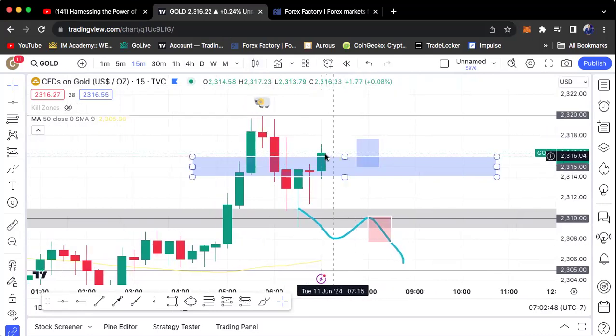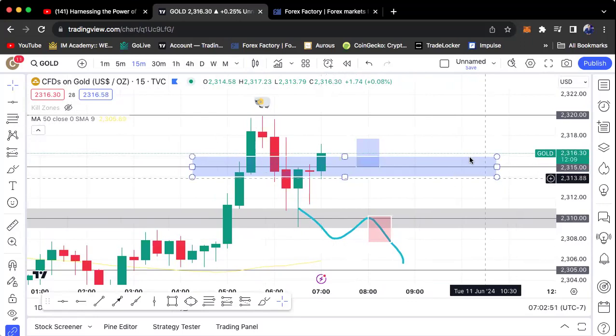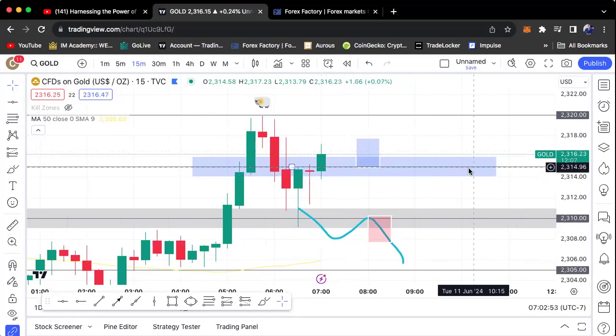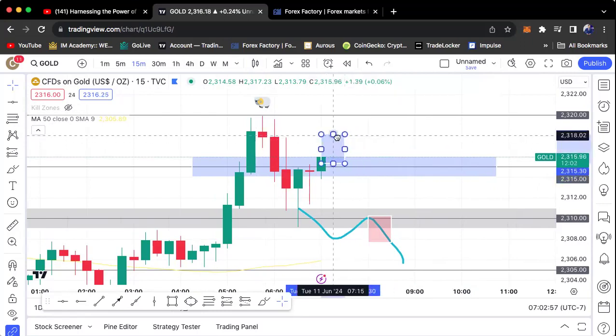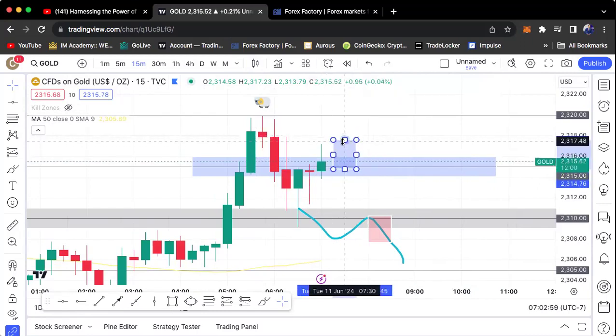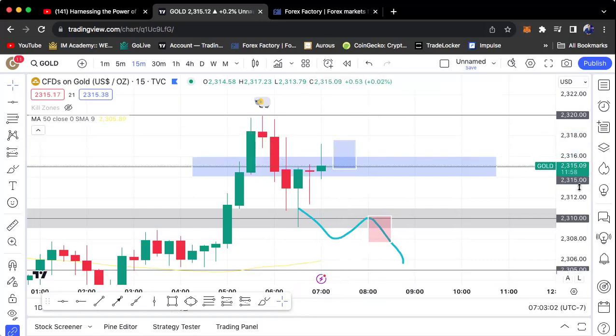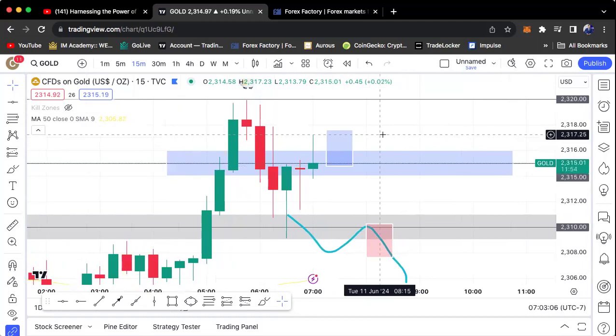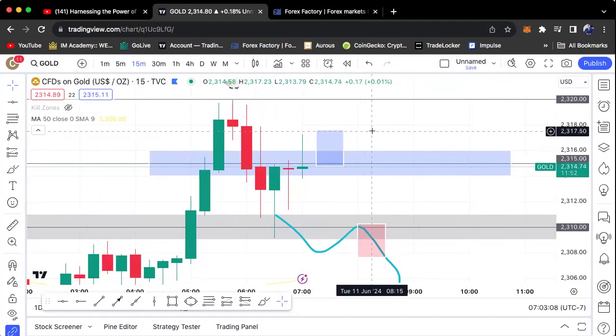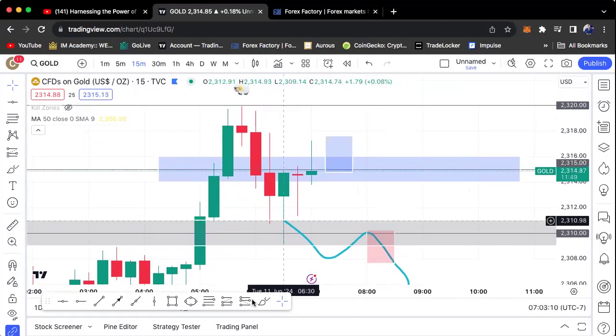So price just broke above structure, above 23.15. Now I'm going to wait for that retest, and wait for another bullish candle to form. So we could see a potential buy.